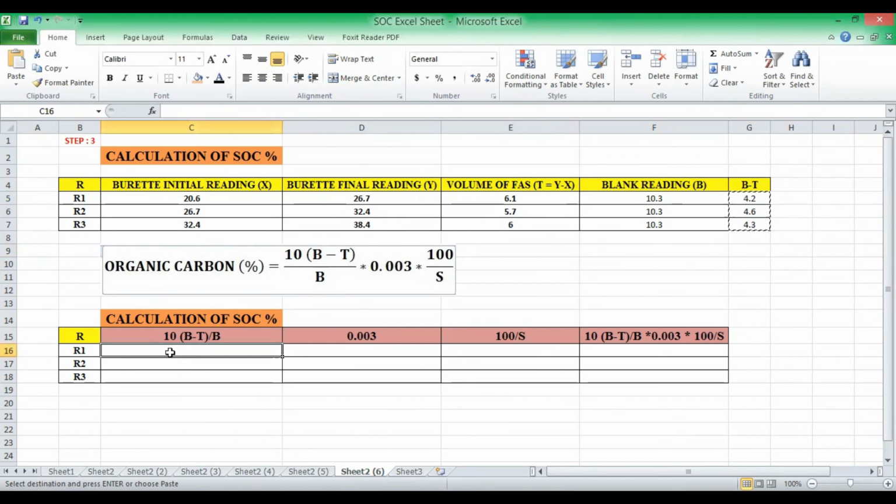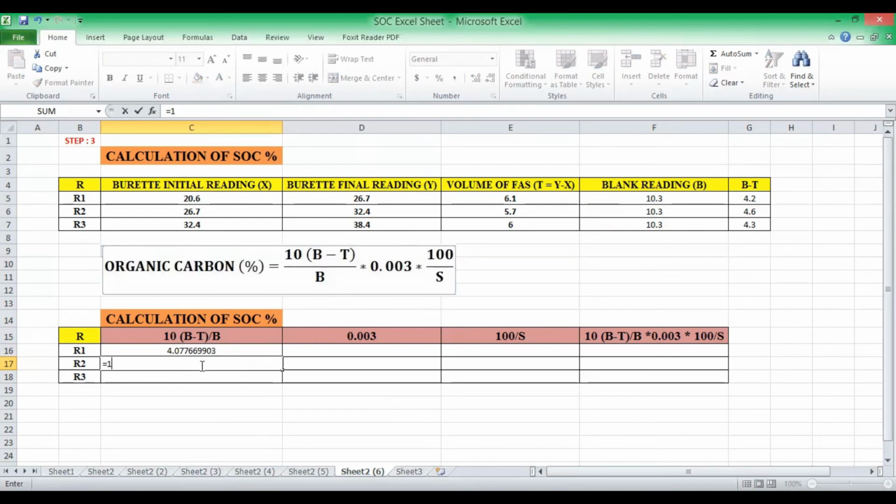Now next part is we'll do the calculation for this section of the formula. So you just have to equal sign 10 into B minus T, for replicate 1 is 4.2, divided by B. What is the B value? This value. So this will be your 10 into B minus T divided by B. Similarly, you cannot drag this because it will not be the same.